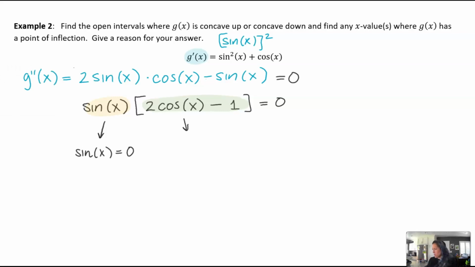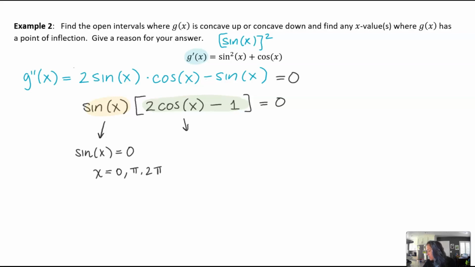I'm going to assume that we are only on the interval 0 to 2 pi. It's missing, but it's in a different version. Otherwise we're in trouble. We have an infinite number of things. So I'll change that in the notes, but we're on the interval 0 to 2 pi. So sine of x is equal to 0 if x is equal to 0, pi, or of course 2 pi.